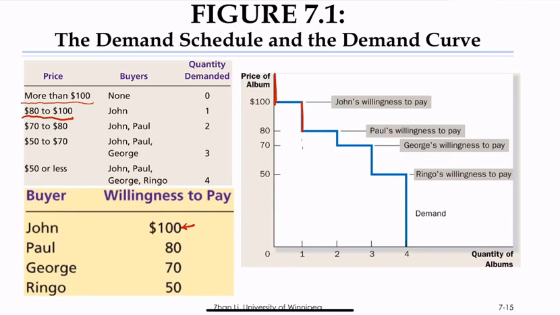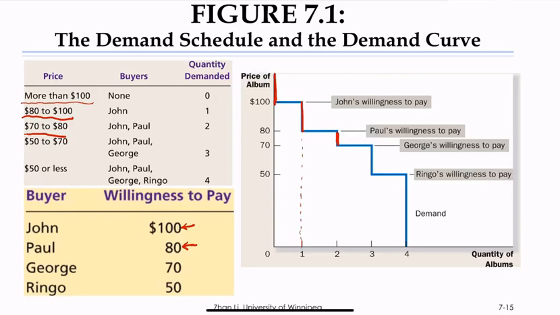That's why you have 1 here. Now we could continue to see other cases, right? So if it's 70 to 80, which is here, in this case, we will see that the additional buyer will start buying this album. So we have 2 buyers, and then the quantity would be 2, right?